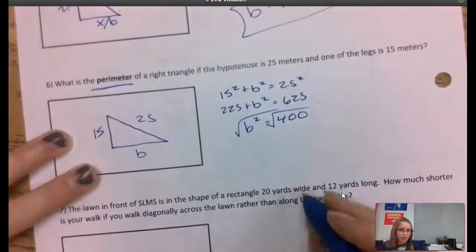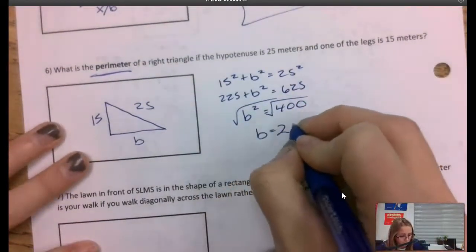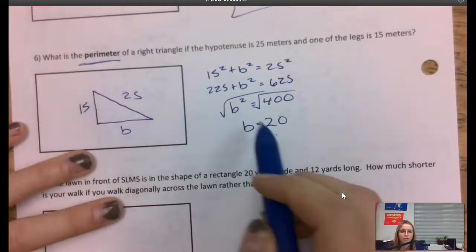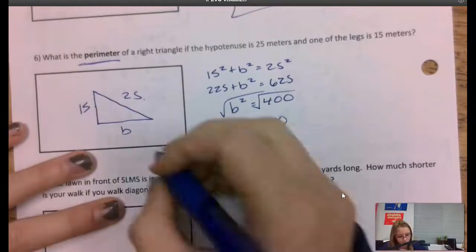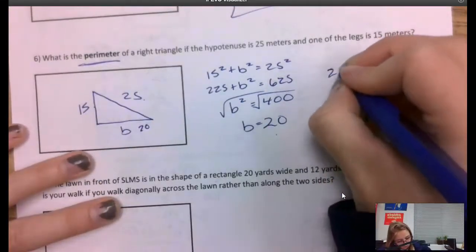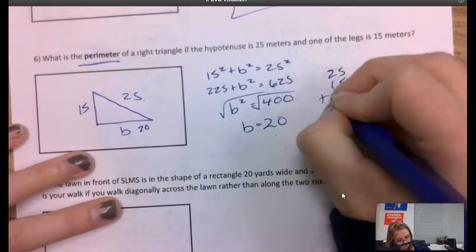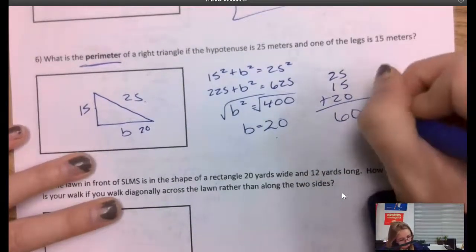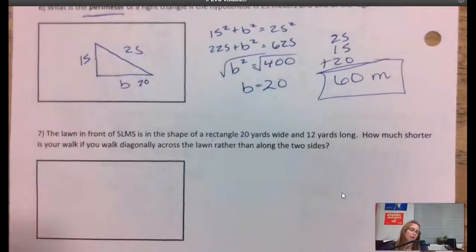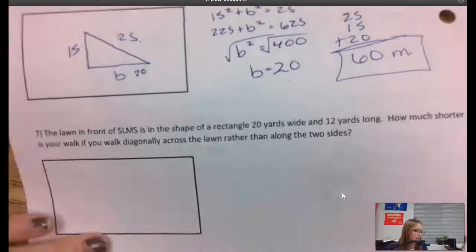We have to square root that, and we end up with B equals 20. I'm not done. For the perimeter, I need to take 20 plus 25 plus 15, and I would get 60 meters as the perimeter there. So I did count a point off if you missed that.